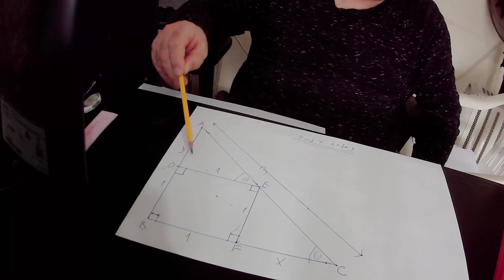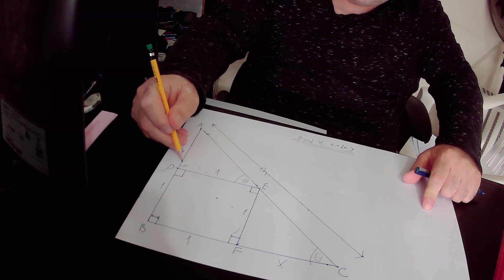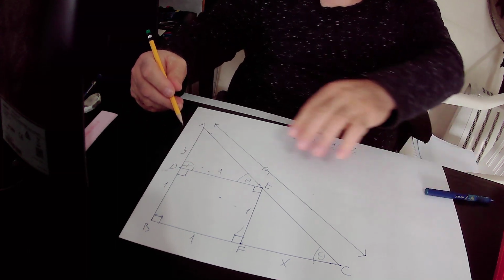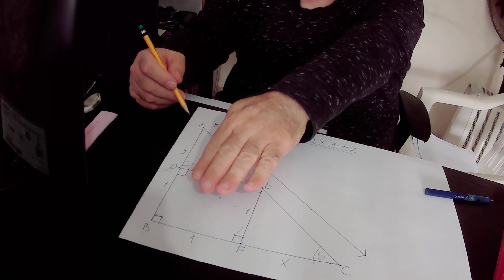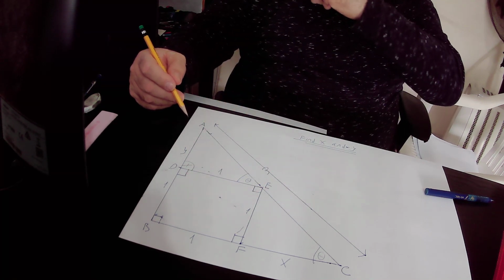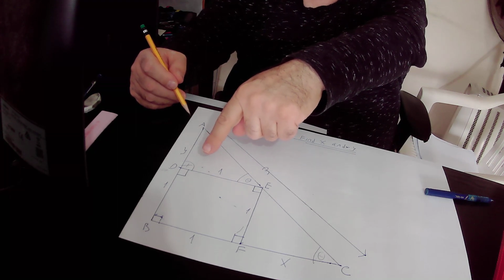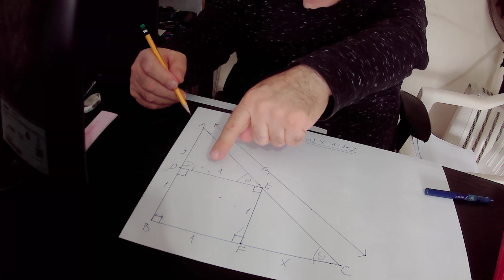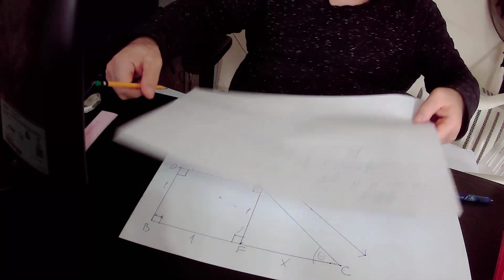So if we define angle ADE, this angle, as angle X, then at point D on this side of the straight line AB, we have 90 degrees plus the size of angle X. In total, the sum of those two angles must be equal to 180 degrees according to rule number 2.